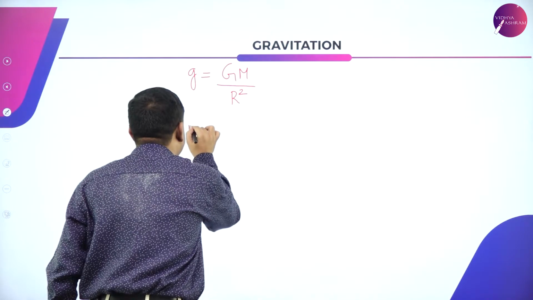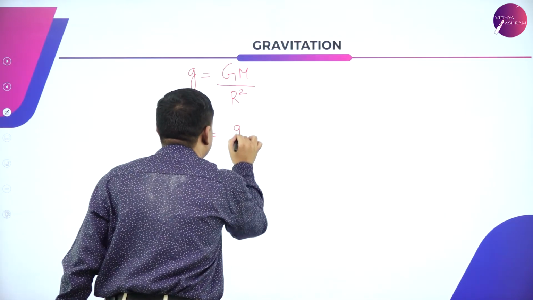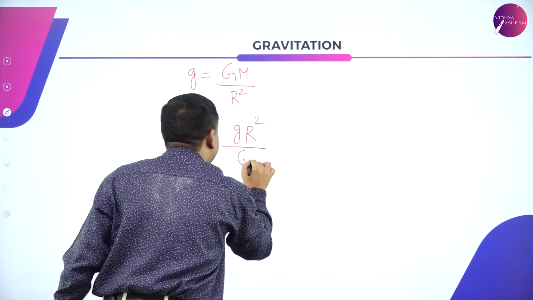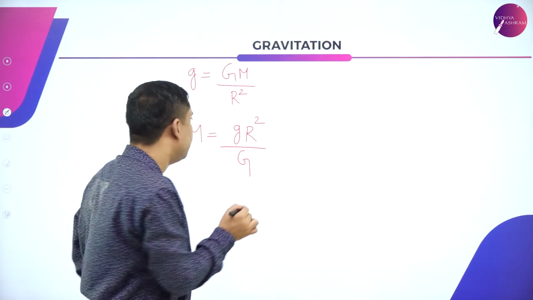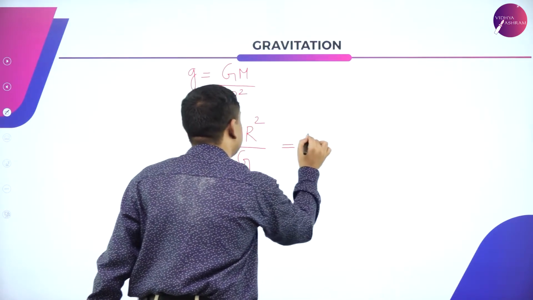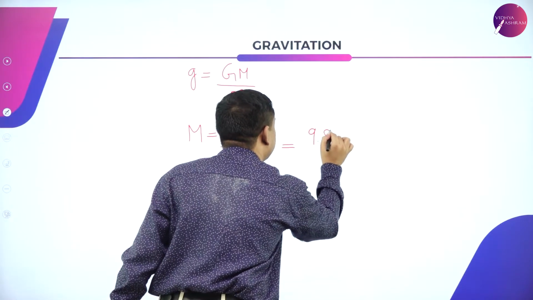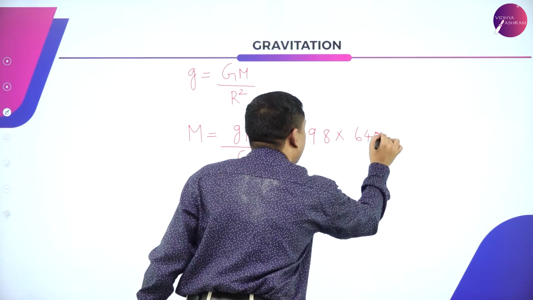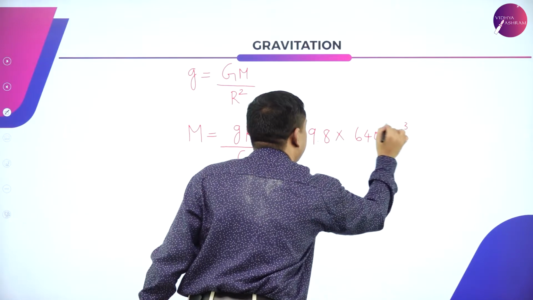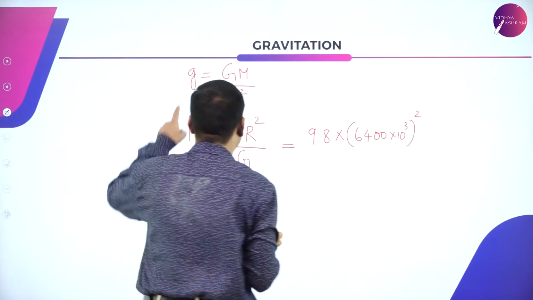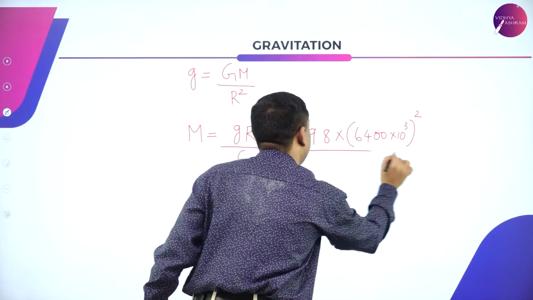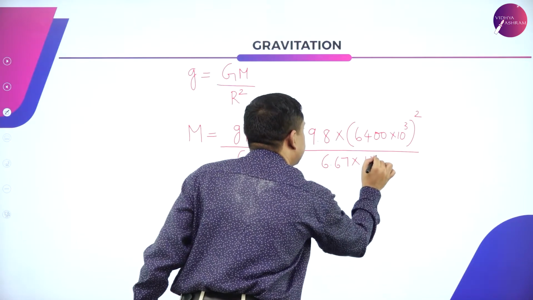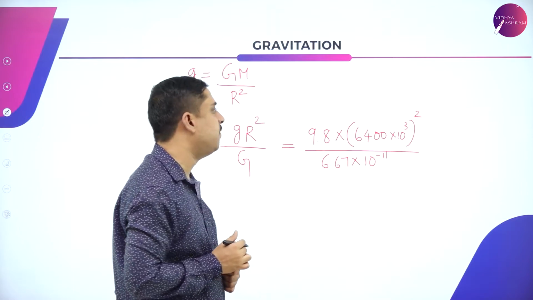So on simplification, M is g R square divided by capital G. So this is equal to 9.8 into 6,400 into 10 power 3 whole square divided by 6.67 into 10 power minus 11.